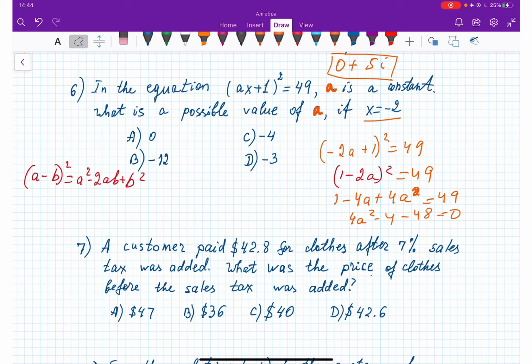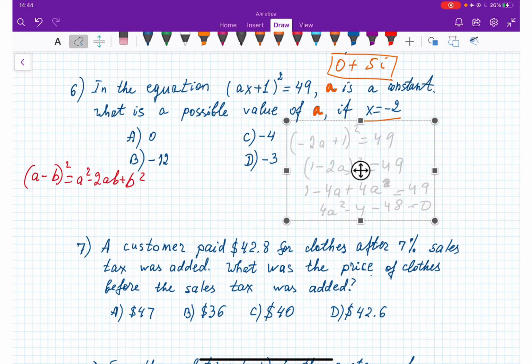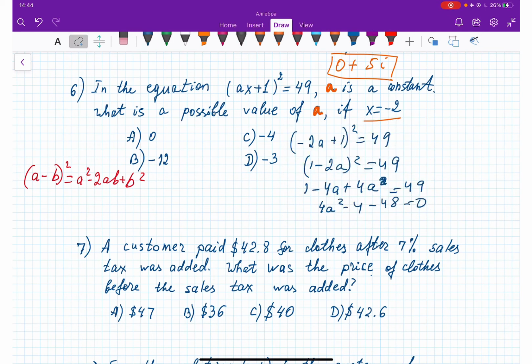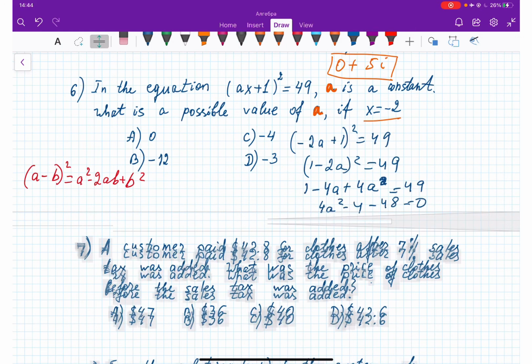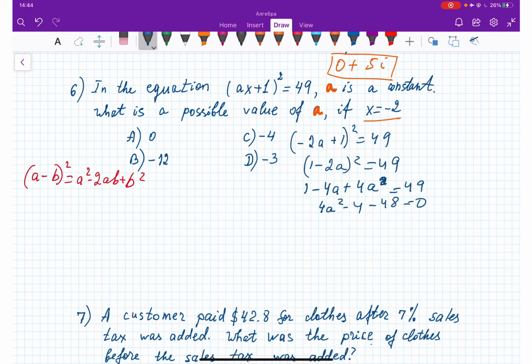Let me see. Okay. So reduce by 4. It's going to be a squared minus a minus 12 equals 0.